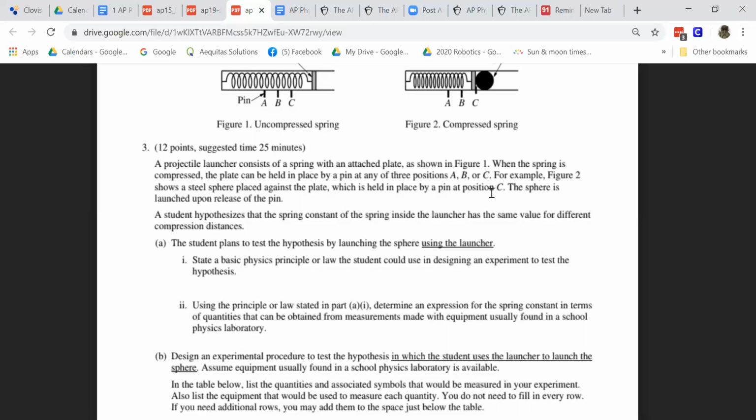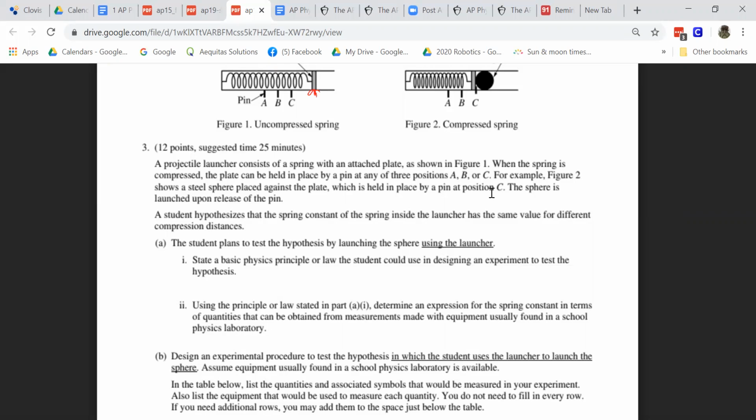So what they're saying is this, here's the spring in relaxed position.